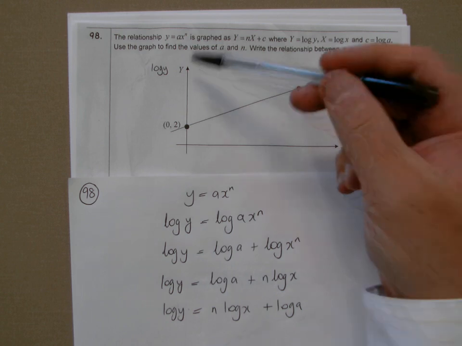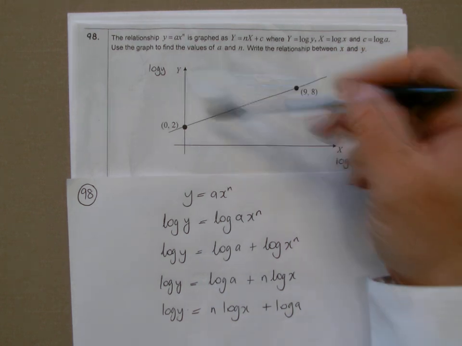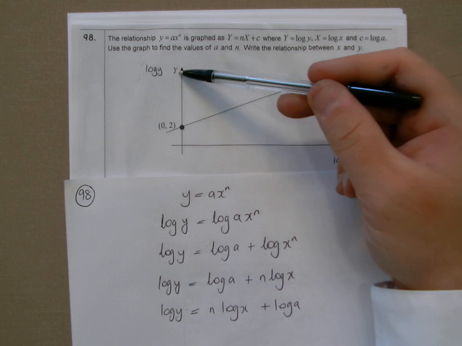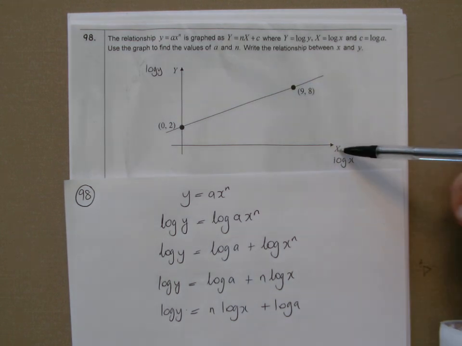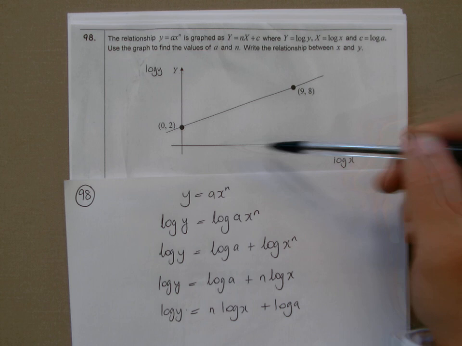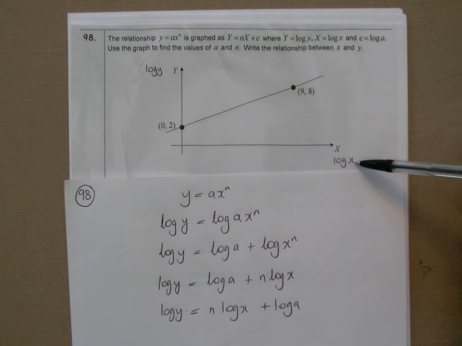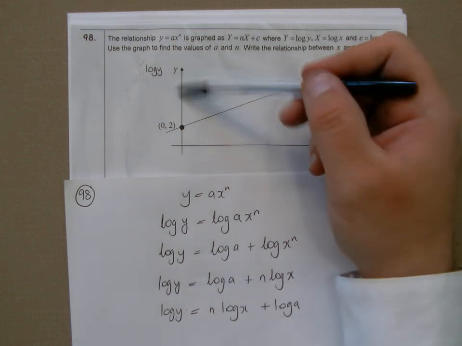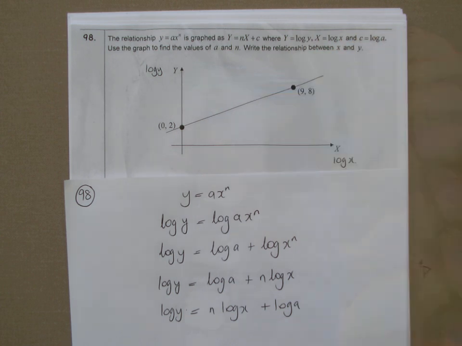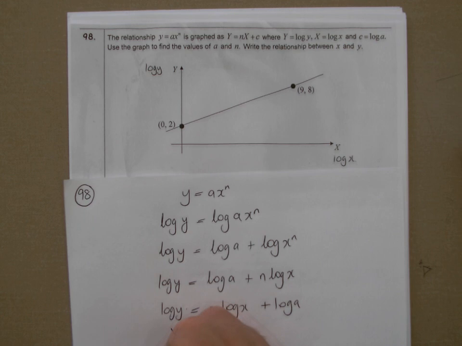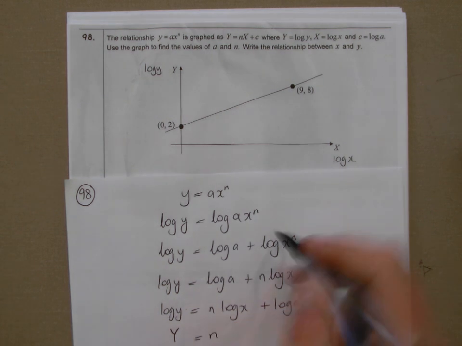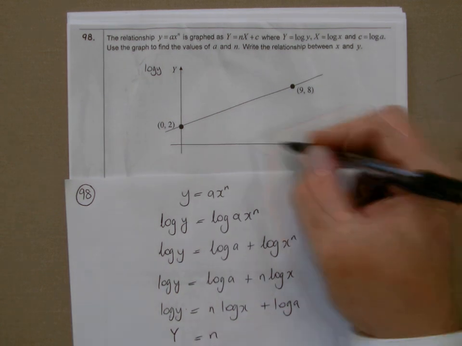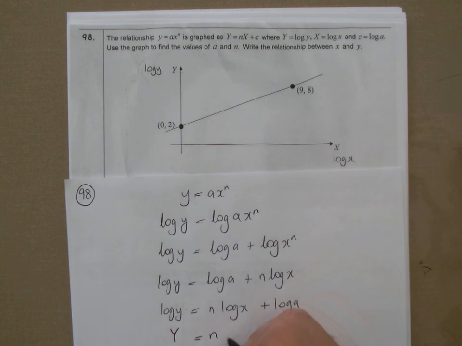The idea here is that we've got x and y axes, but capital Y and capital X, because the axes are logarithmic, in terms of log x and log y. So my log y values essentially become my y values along this axis, and the log x values become my x values along this axis.